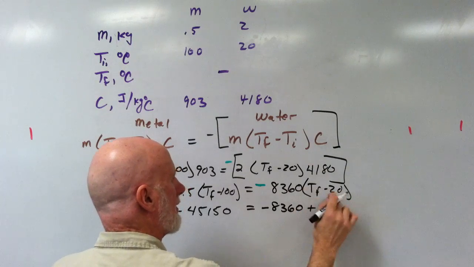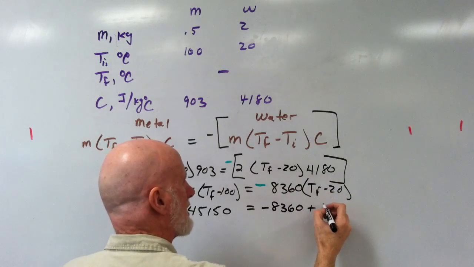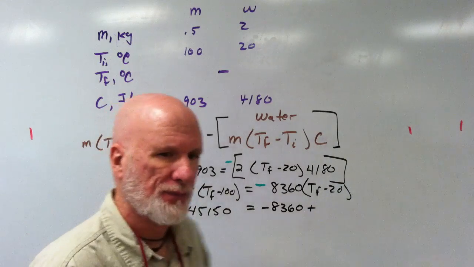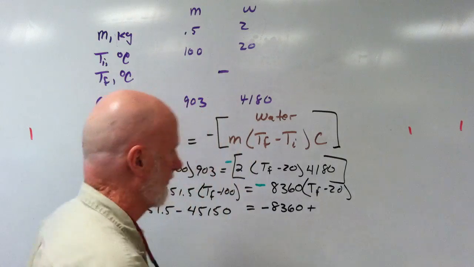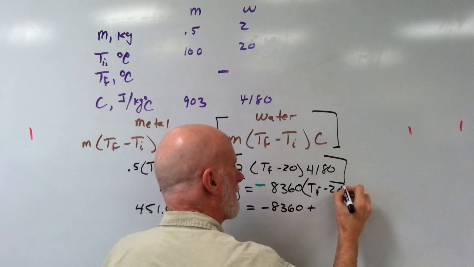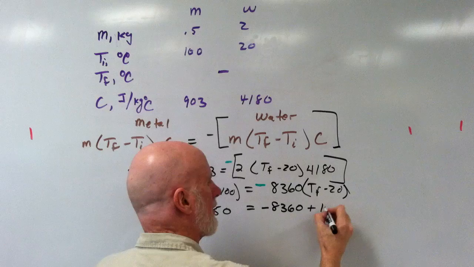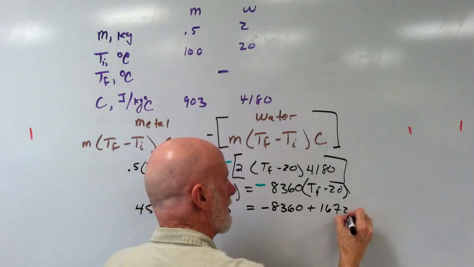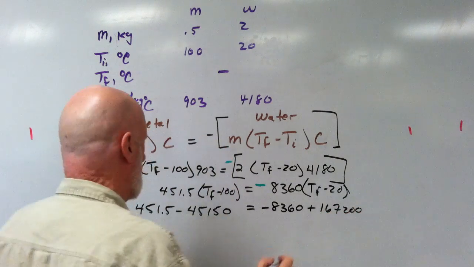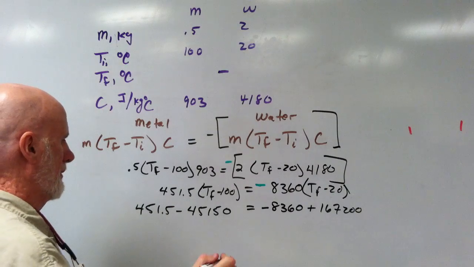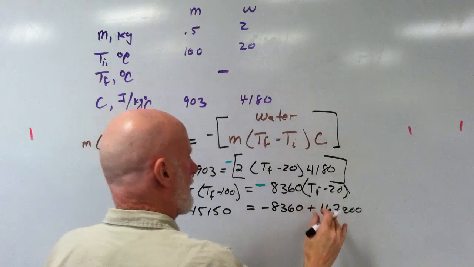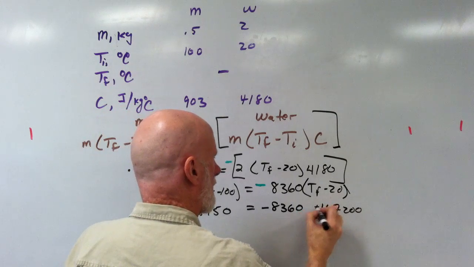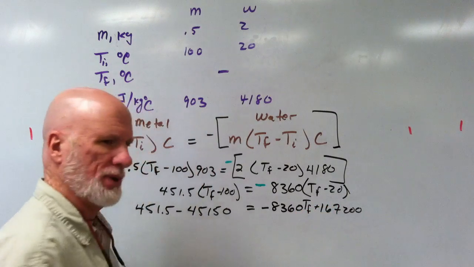Right? So that'll be positive what? What's 8360 times 20? 167,200. Okay. Easy? Okay. This is going to be TF. You forgot the TF. Yeah, forgot to put in a TF there.